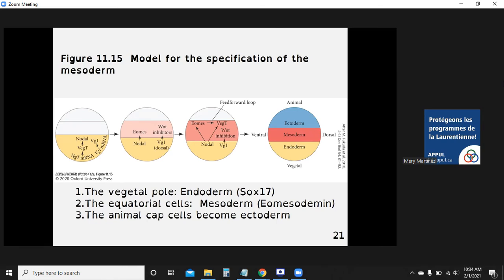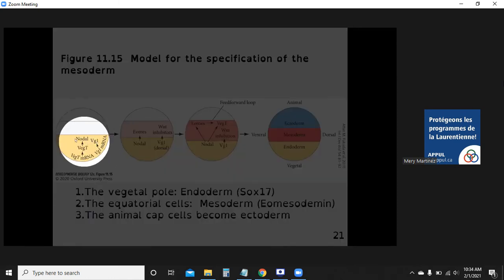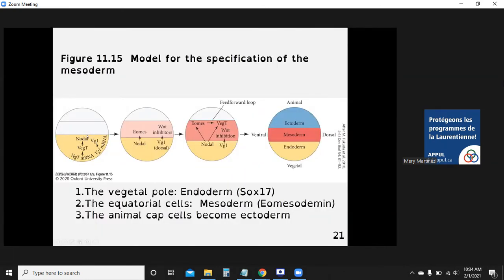The production of this VEG1 factor, this is another nodal-like type protein, okay, is required to activate other genes in the dorsal mesoderm. And here we see that cascade over here. So in here we have that all these movements, cell interactions and induction of transcription factors during blastulation are really important in order to form the germ layers and specify them.